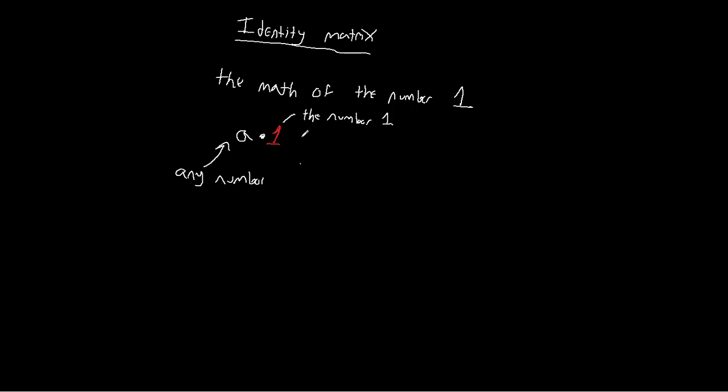Any number times 1 gives you that same number. This is the mathematical definition of what it means to be 1. This thing times any number gives you that same number, okay?